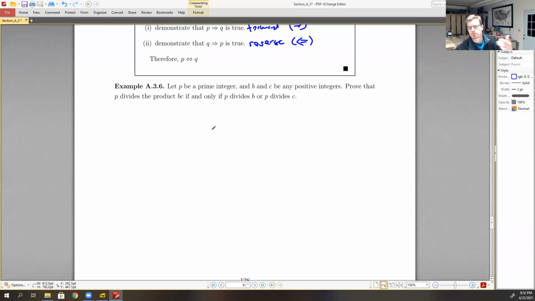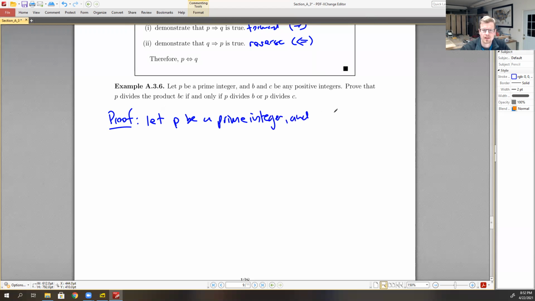So in this case, we're letting P be any prime integer. B and C are any positive integers. So for this proof, we begin by letting P be a prime integer and B and C any positive integers.